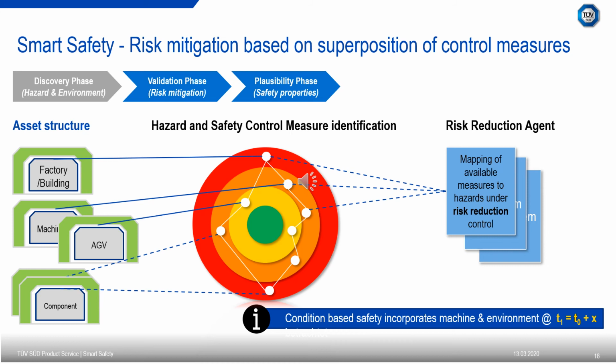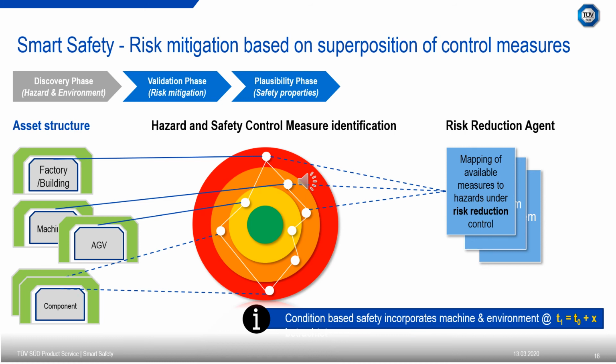On the other side, the risk reduction agent has the capability to model what the hazard can create, what kind of risk mitigation is required in situation, if it is required or not, what kind of probability of avoidance is possible, and map the right safety measure that is available to this hazard. It's very important that we bring now together the hazards, the safety measures, and we bring together safety measures of the neighbor.